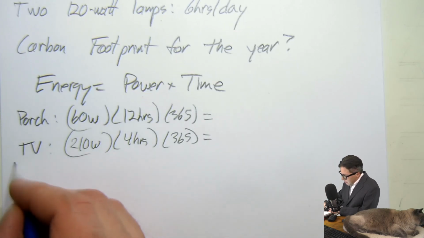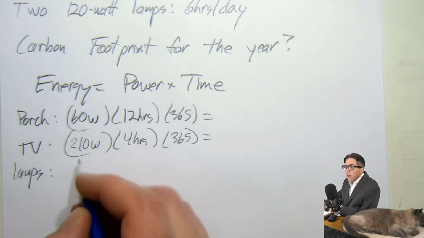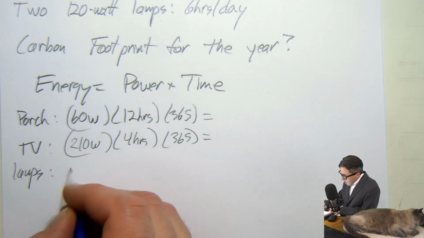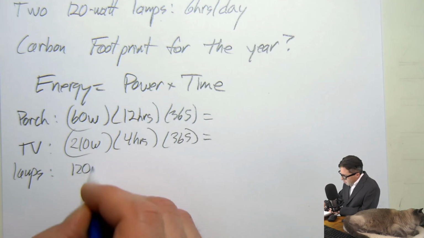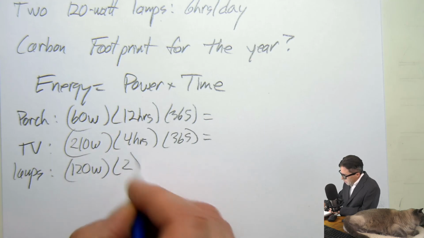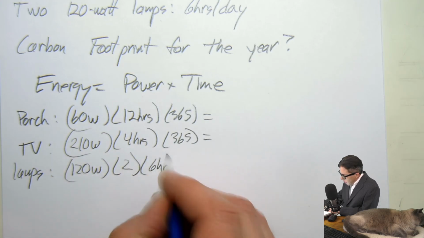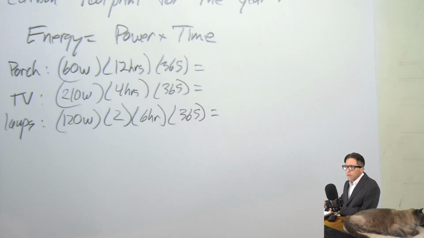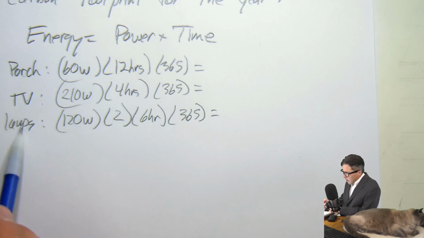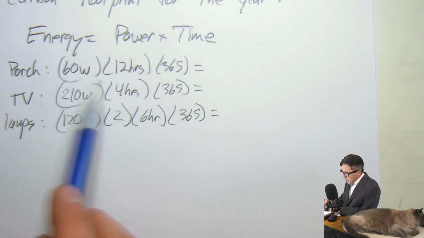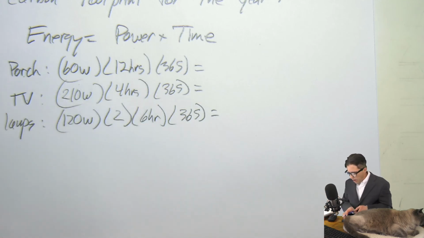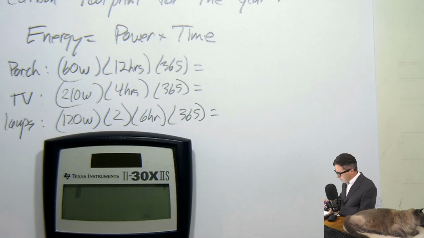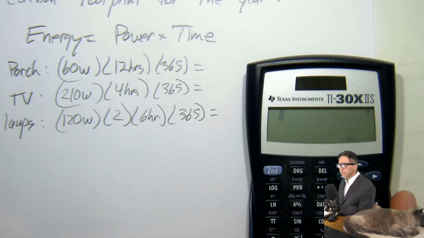I got the lamps. I've got 120 watt lamps, but there's 2 of them, and they're on for 6 hours a day times 365. Okay, so I'm just dividing each one of these up each time, power times time, and I can do each one and then add them all up.